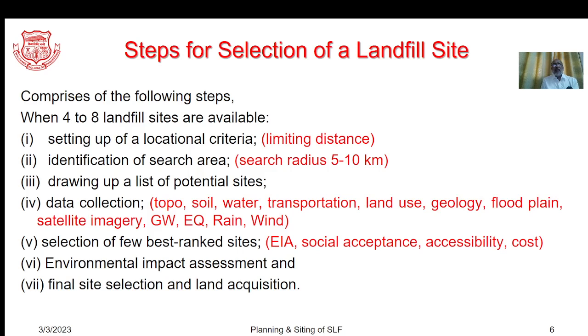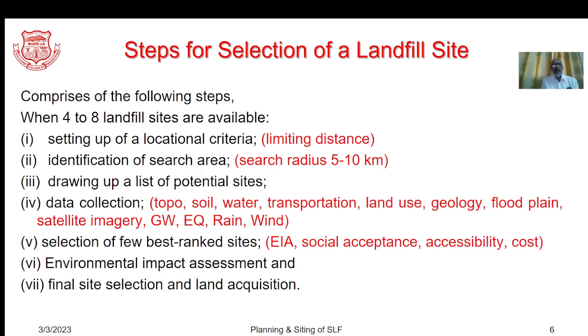There could be some specific criteria for the selection of landfill sites if a number of options are concerned. Say for example, if we have some 4 to 8 landfill site options available, we can think of setting certain locational criteria, the way we considered the haul distance.